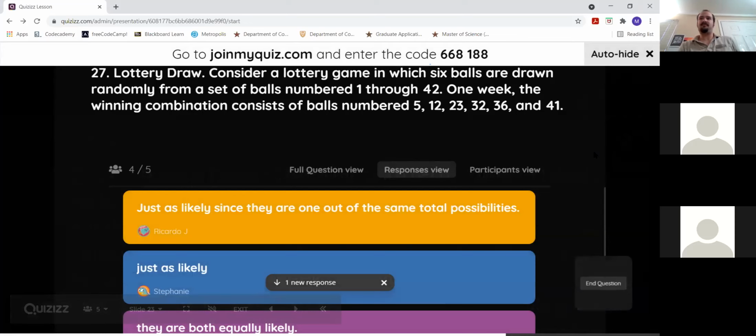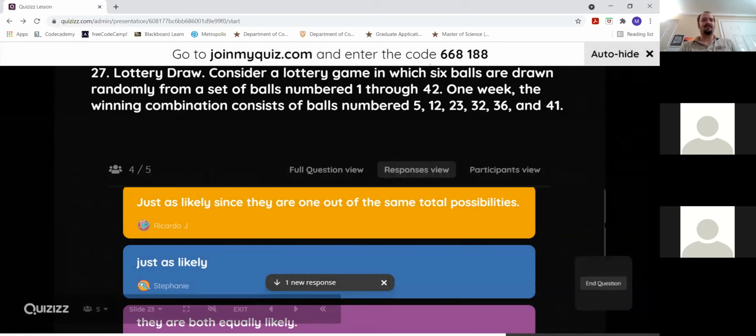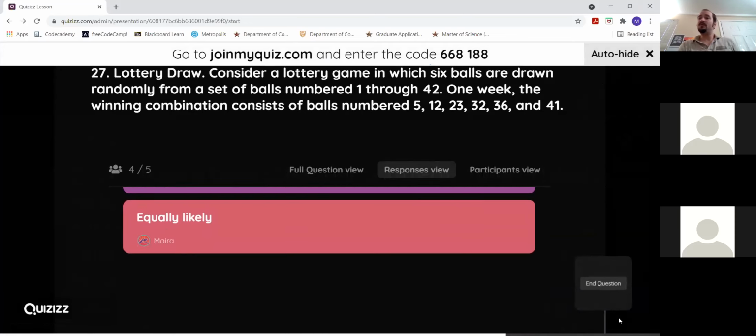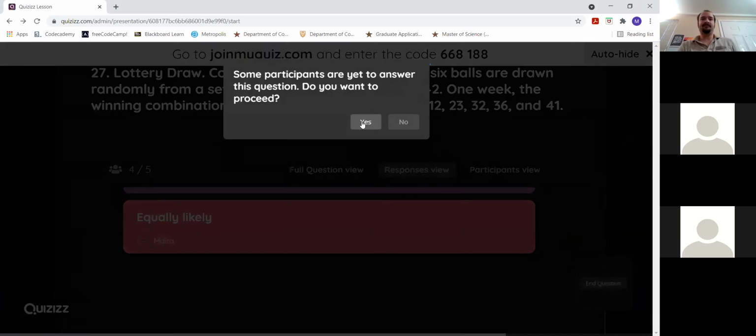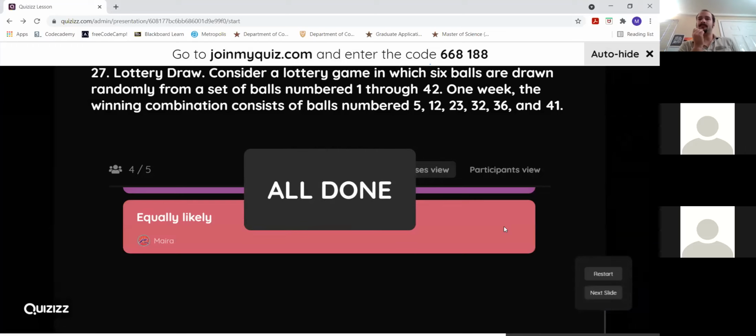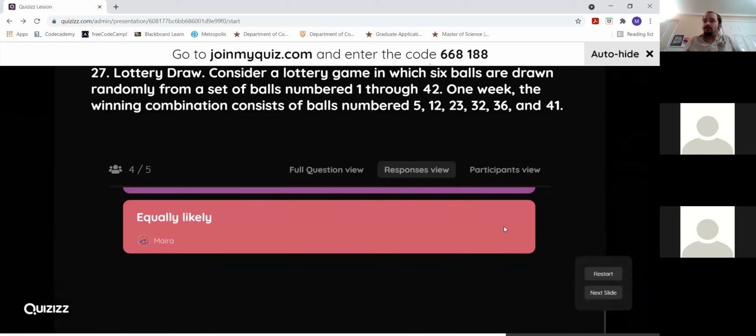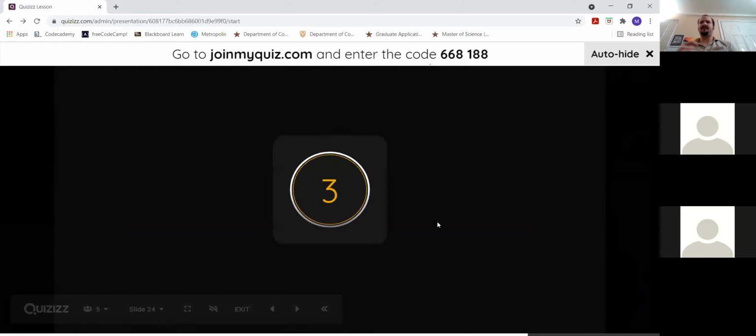So any combination of numbers you can give me should be equally likely. As long as they're independent, they all have the same probability. I guess those aren't independent, those are dependent.